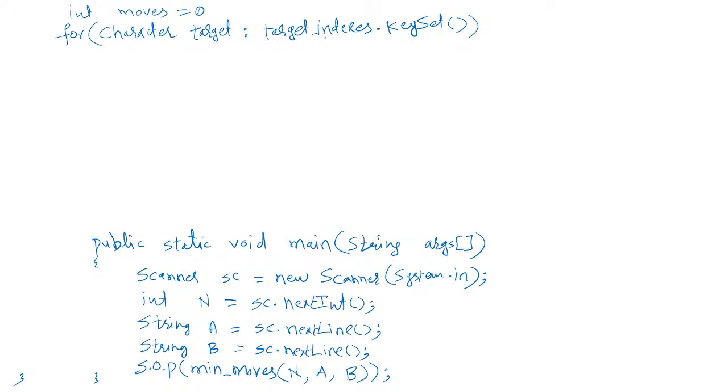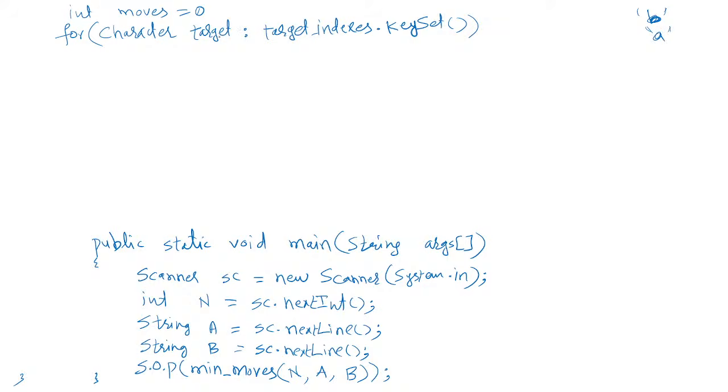What it does is supply one by one key from this key set to this target. We have two keys, B and A, and we already said that they must be stored in descending order. That's why they are stored in descending order. The first key supplied will be B and the second key supplied will be A here.